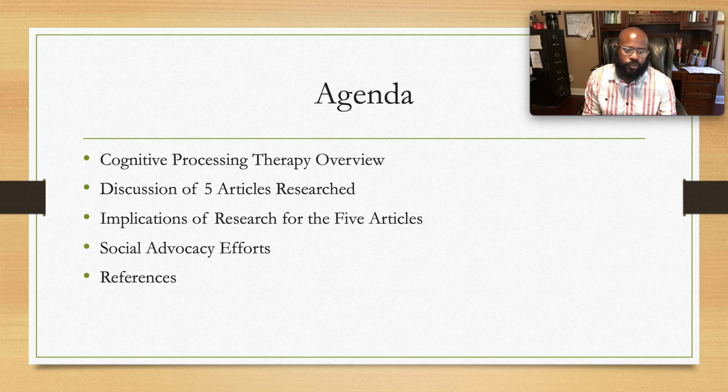The next thing we'll do is take a look at some of the implications of those articles for the counseling field. Rather than discussing them along with the research documents, I just provided a one pager that says, here's the takeaway from my research. Then we'll look at some social advocacy efforts, and last, I'll give you some references.